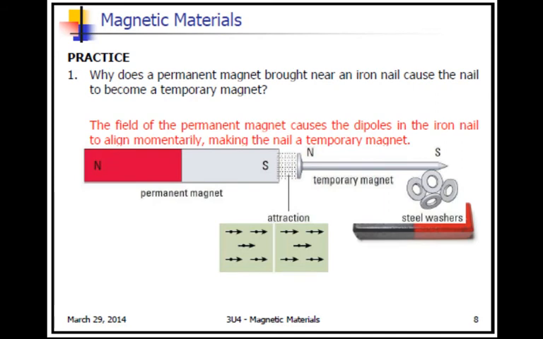Why does a permanent magnet brought near an iron nail cause the nail to temporarily become a magnet? The field of the permanent magnet causes the dipoles in the iron nail to align momentarily, making the nail a temporary magnet. So that's how we can align the dipoles in a nail that is ferromagnetic. We can turn that nail into a magnet by putting it next to a strong magnetic field.